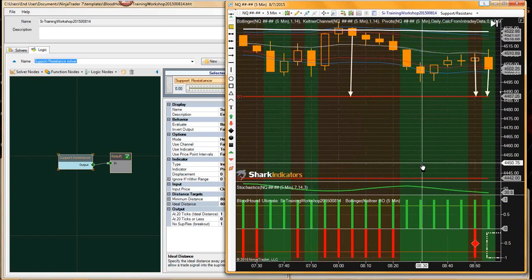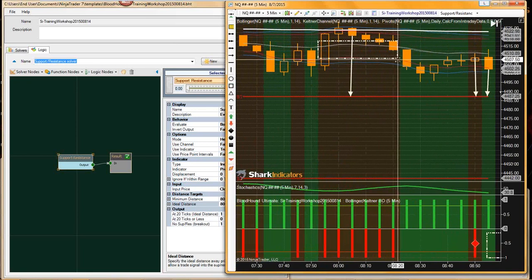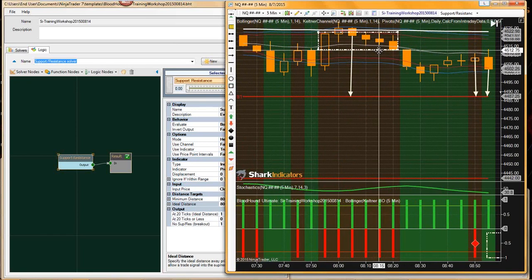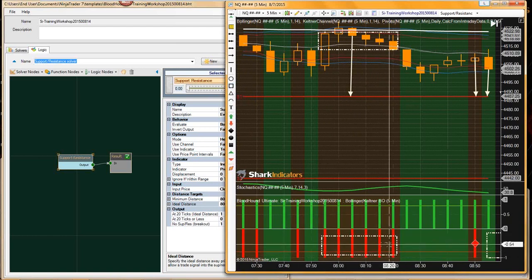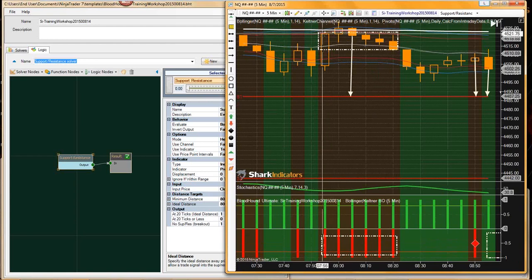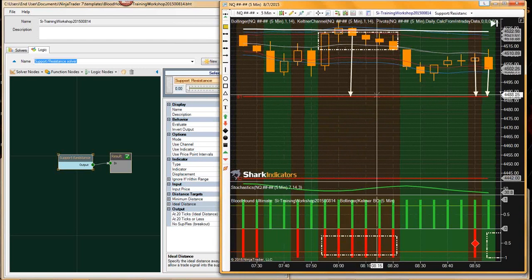If we look back here, we can see that all of these bars line up with all of these short outputs, and so we can see that price is far enough away from our S1 line to take a short trade into S1.